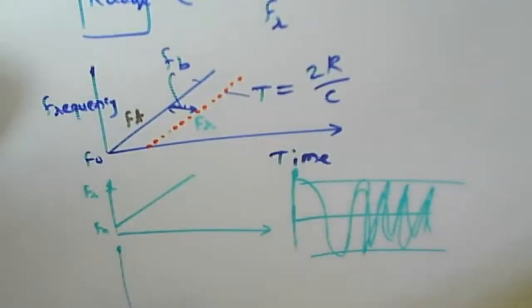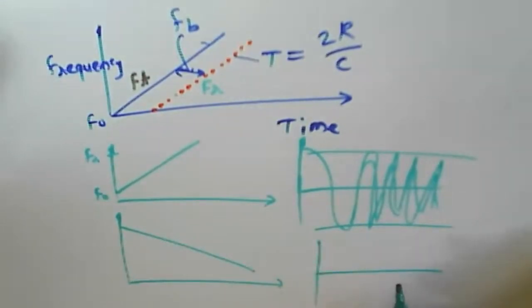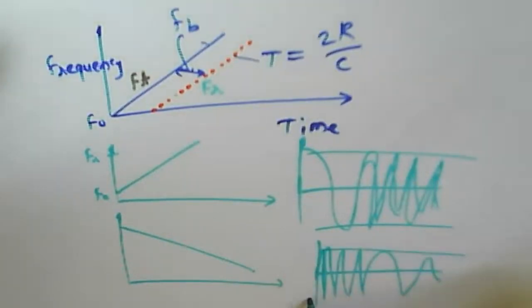But if we consider that there will be a down here, with respect to time, frequency will be down with respect to time. So in that case, your signal will look like this. Amplitude will be constant.